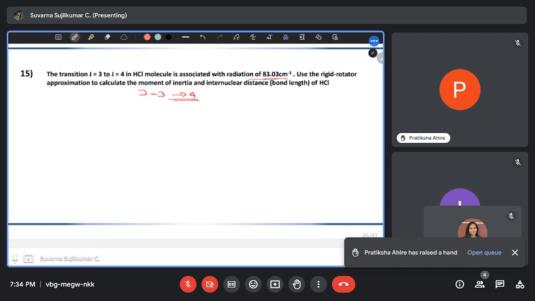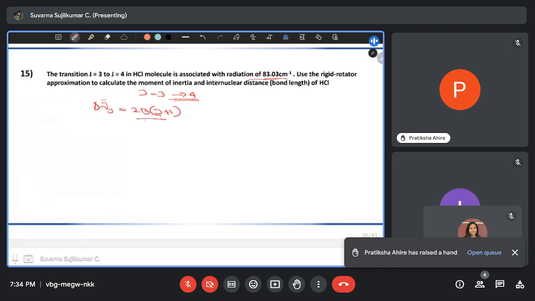When you read something like this, it is connected to an equation or a concept. We know an equation where delta nu bar for J is equal to 2B into J plus 1.